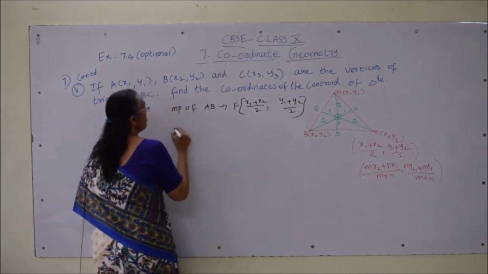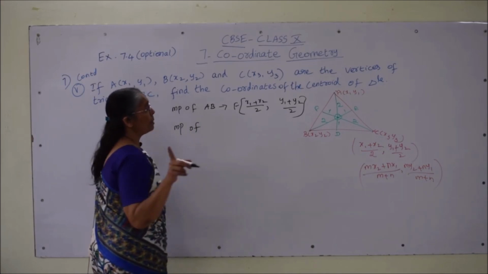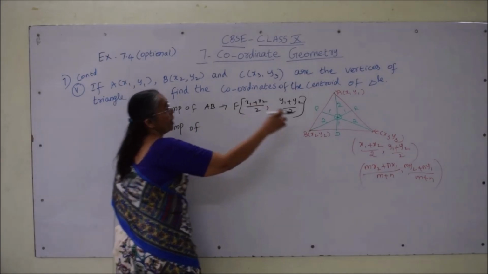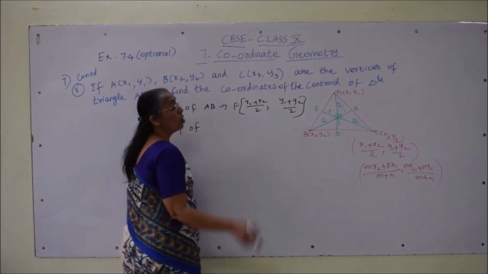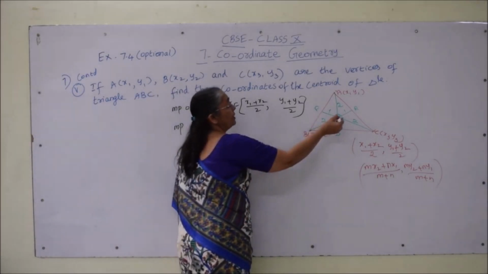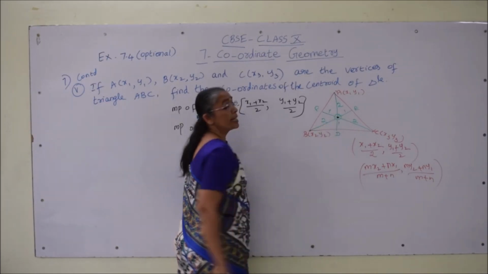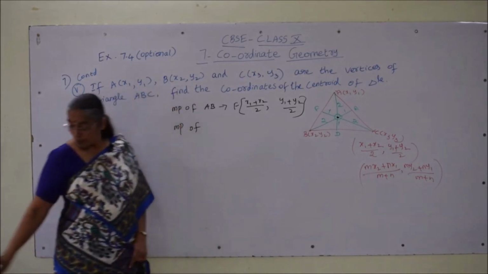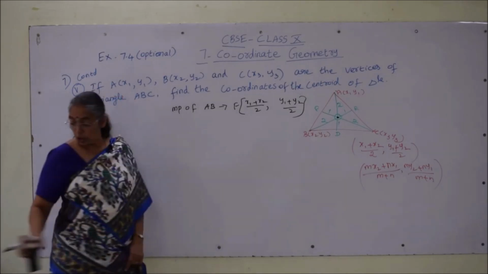If we find only one midpoint, that is enough, no need to find all the midpoints, because in the previous problems we proved all the 3 points are coinciding. So if I find the midpoint and use the internal ratio, the point I am getting is nothing but the centroid. So midpoint of AB we found as (x1 plus x2 by 2, y1 plus y2 by 2).